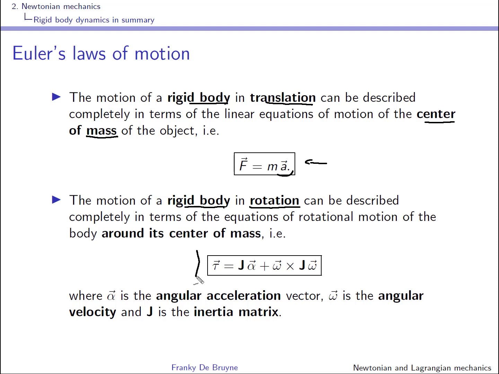This equation here that describes the motion of the rigid body in rotation is described completely as rotational motion of the body around its center of mass. Okay, so center of mass here is crucial, and the things that are appearing in here are the net torque, the inertia matrix, which appears 2 times, the acceleration vector, and the angular velocity vector that is appearing 2 times.